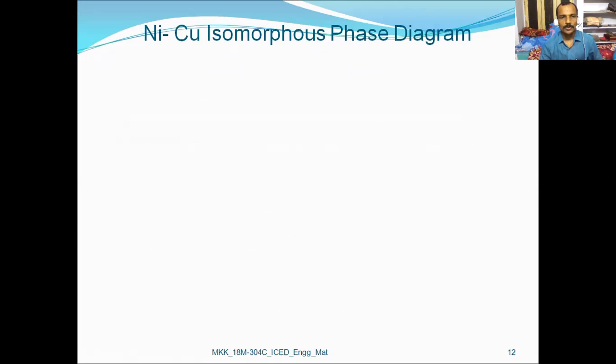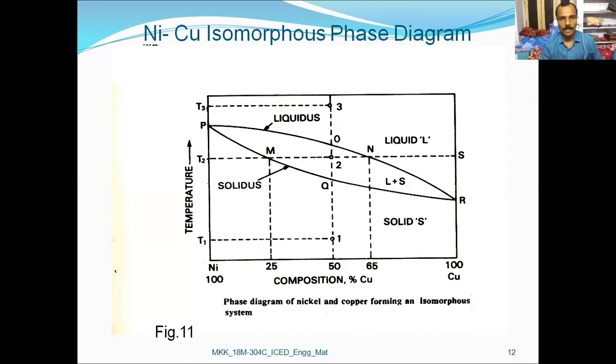So if we focus on the nickel-copper, NiCu isomorphous phase diagram, let us see what happens in the isomorphous phase diagram. The composition is on the x-axis, with nickel at one end and copper at the other, 100 percent each, and in between 25, 50, 65.